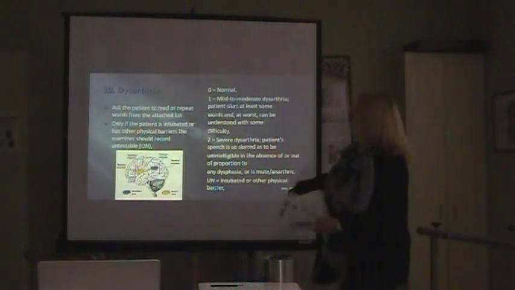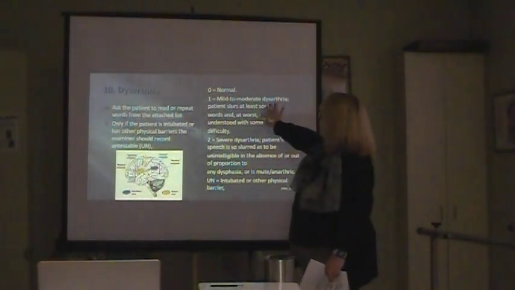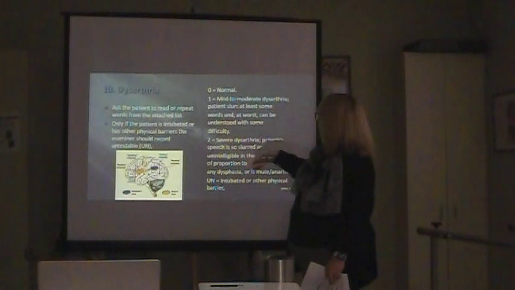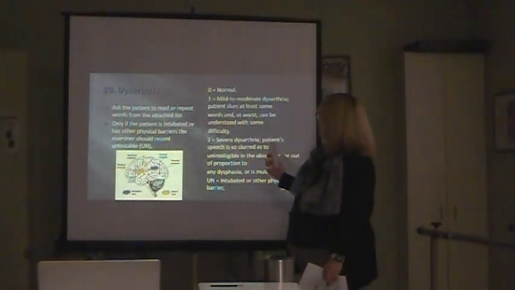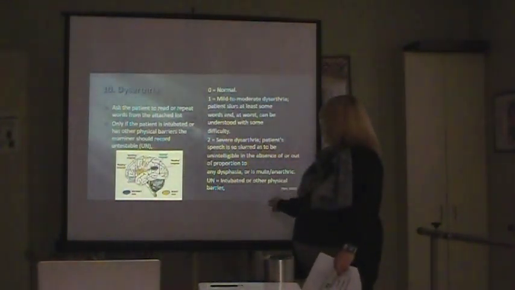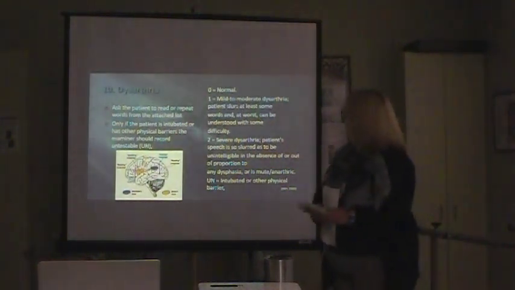And so then, obviously they get a zero for saying all the words completely normal. You pick up on a little bit of the slur, they get a 1. Severe dysarthria, you almost can't understand what they're saying because it is so slurred, would be your 2. Unable to assess is usually due to intubation or some type of physical barrier at their mouth.